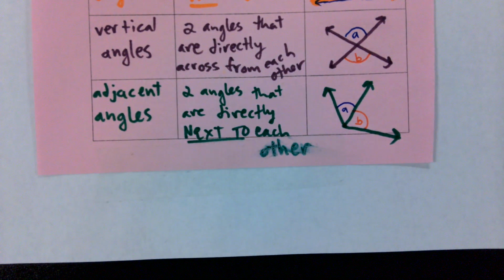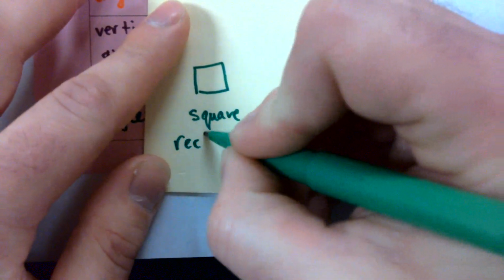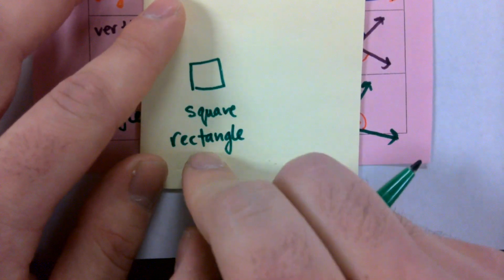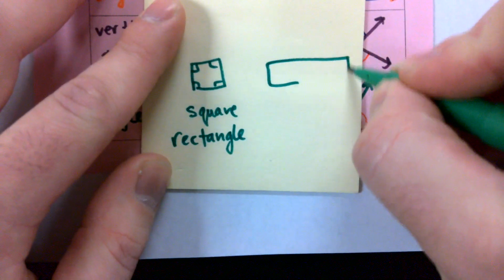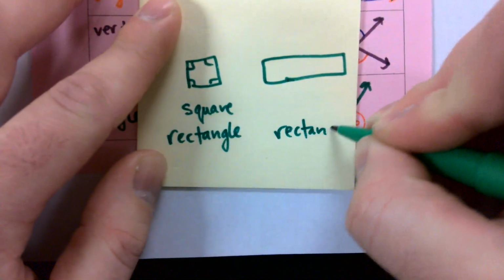It's kind of like the whole square versus rectangle debate, where a square, here's a square, is also technically a rectangle. We can look at this shape and say that's a rectangle, because a rectangle is a four-sided polygon with all 90-degree angles. But if we have a rectangle like this, we cannot call it a square.